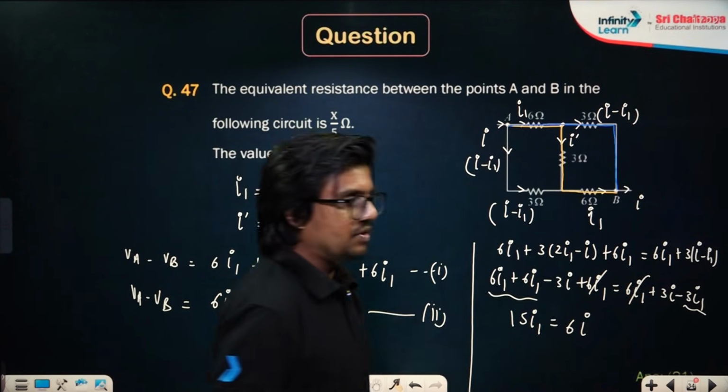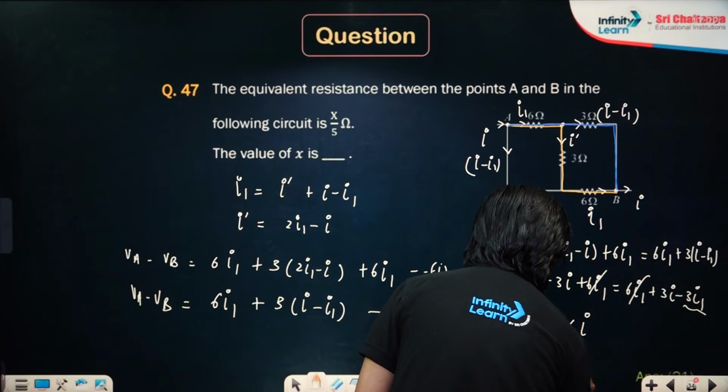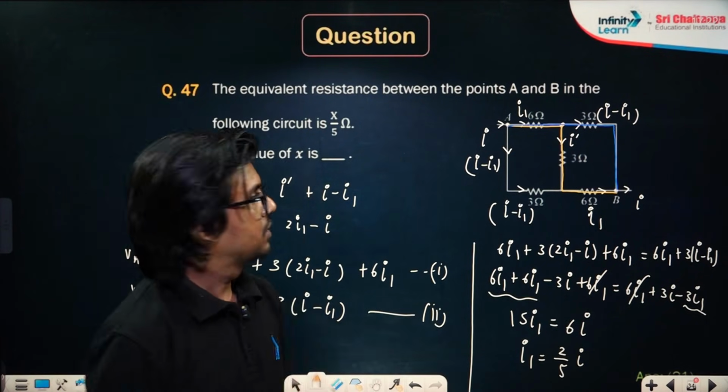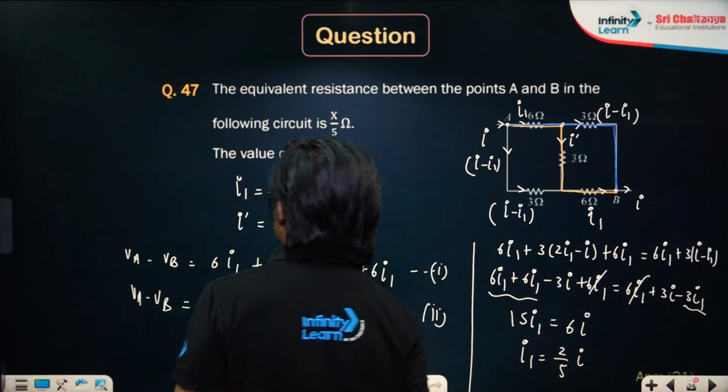So there is a relation between I1 and I that you can find out. I1 is equal to 2 by 5 I, since 6 by 15 gives 2 by 5. Now you can use any of the equations. Suppose I use the second equation.